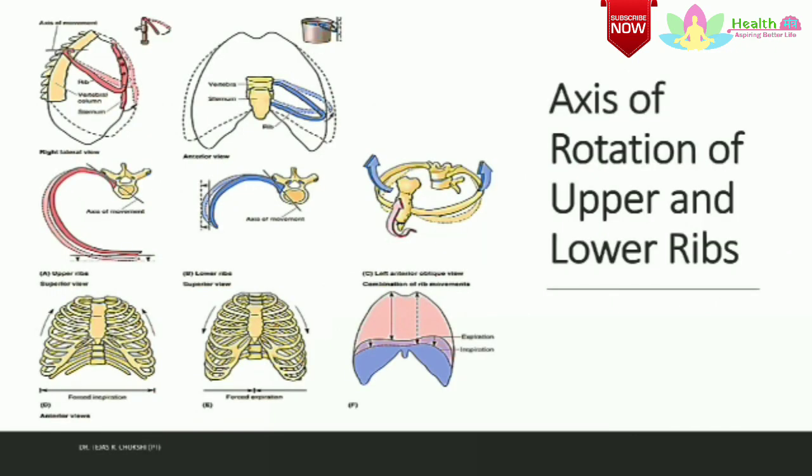Now the most important part: the axis of rotation for the upper and lower ribs. According to the most accepted theory, there is a single axis of motion for the first to 10th ribs through the center of the costovertebral and costotransverse joints, as you can see in the middle figure. This axis for the upper ribs lies close to the frontal plane, which means it allows thoracic movement predominantly in the sagittal plane.